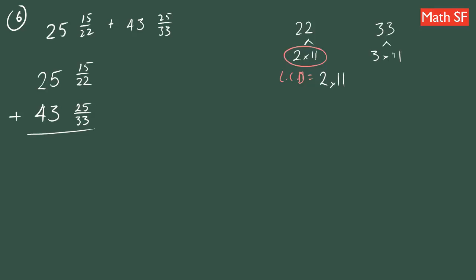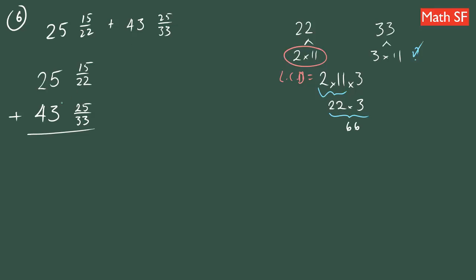I have 3 times 11. Do I have all of this inside? No, I'm missing a 3. Therefore, multiply times 3. So I have 3 times 11 included in my list. And recall that 2 times 11 was 22, and 22 times 3 should be 66. So your LCD, or the least common denominator between them, is 66.